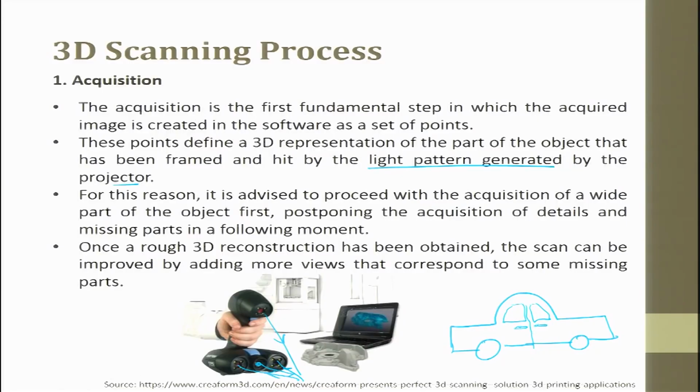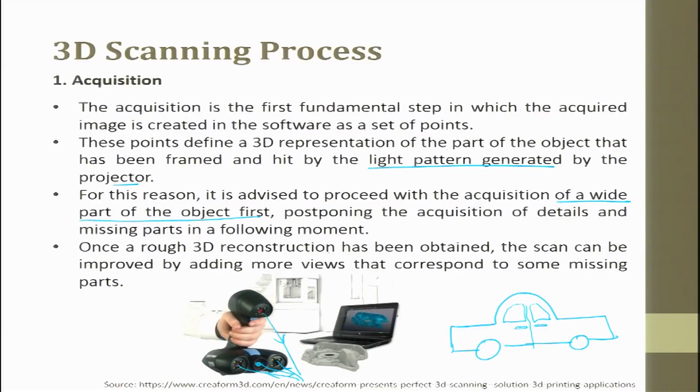If you want to look for all details in one shot, it will be very difficult. So what they say is, first you take a wide part scan of the complete object, then you start working on minute details, and then you get both of them stitched in software. Then you get all the data continuously.